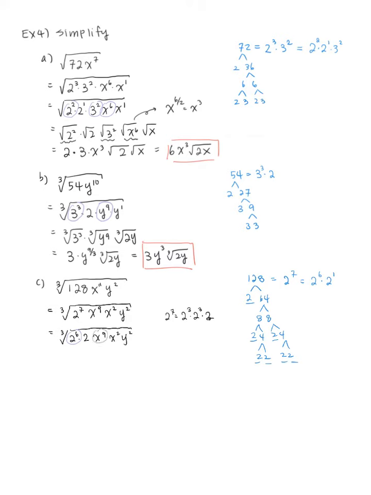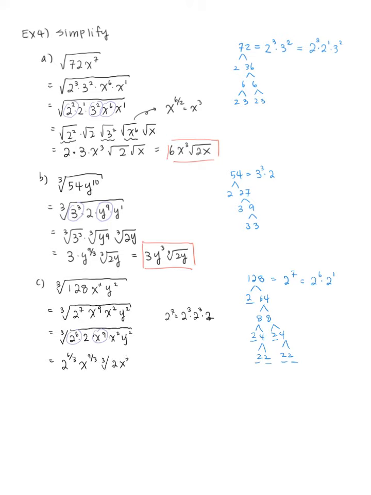All right, so then what's going to happen is here you're going to have cube root of 2 to the 6. That's the same thing as 2 to the 6 over 3. And then x to the, so now I'm working on cube root of x to the 9. So that's the same thing as x to the 9 over 3. And then the rest of it is not perfect.